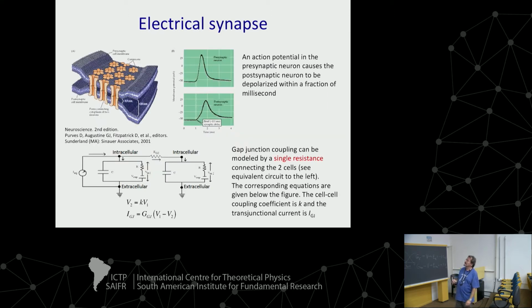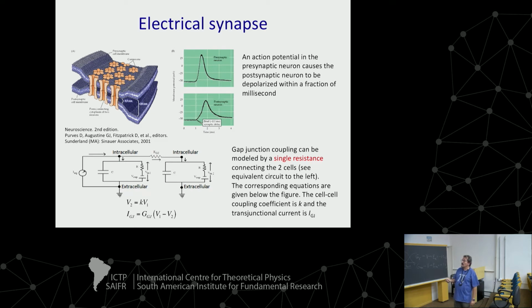Electrical synapses are due to gap junctions, which are proteins called connexins that connect the cells. They can be easily modeled just by putting an axial resistance joining the intracellular medium of cell 1 and the intracellular medium of cell 2, coupling them via a resistance or a conductance with a given value.